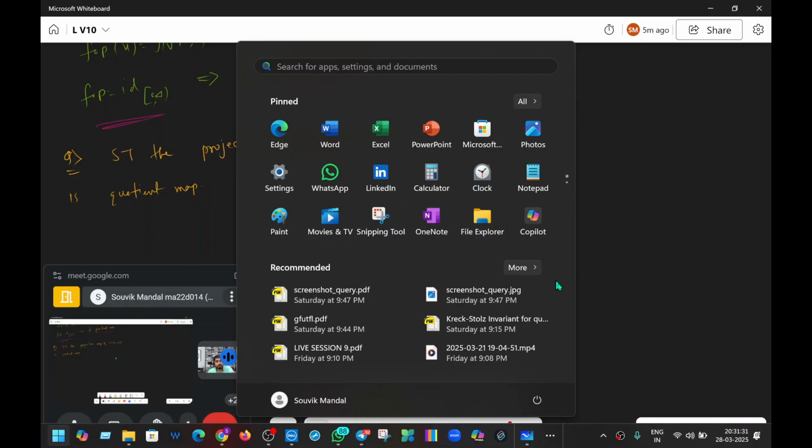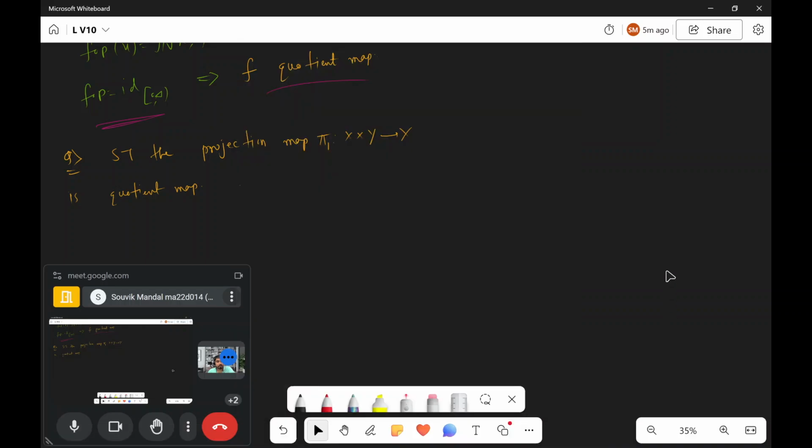You need to show the projection is a quotient. So please try to do it by yourself. There is nothing to explain much. Please try to figure it out by yourself.